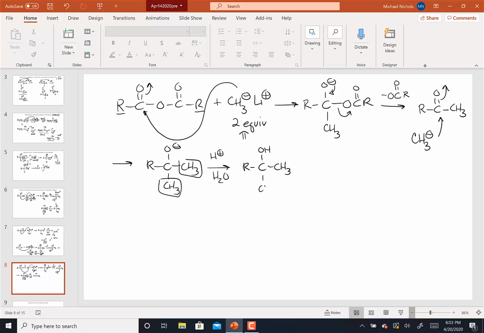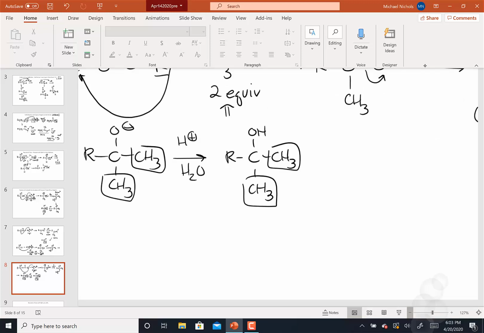So as you can see, three of those carboxylic acid derivatives, when they react with the Grignard, you need two equivalents of the Grignard in order to make the tertiary alcohol.